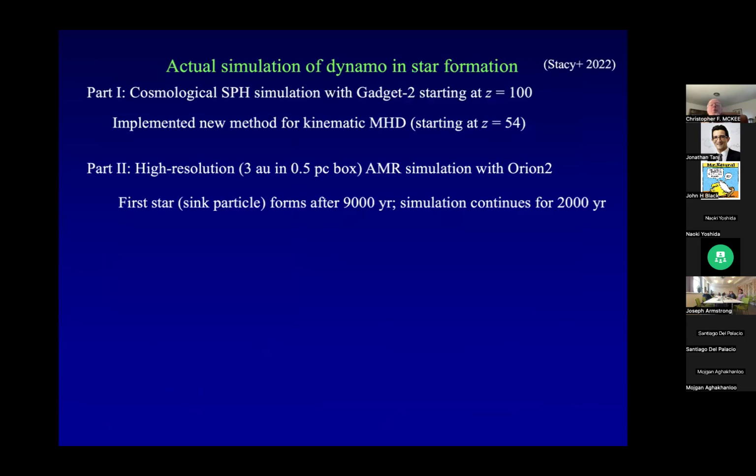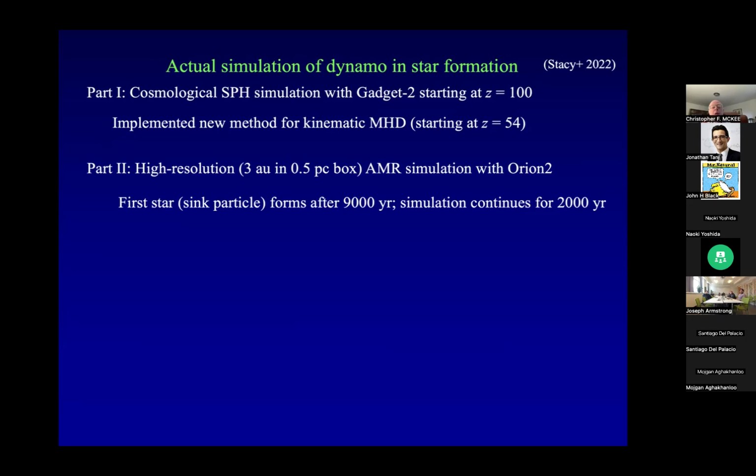So to do our simulation, we used Gadget 2, which was a hydrodynamic code that Athena Stacy had been using, to do a cosmological SPH simulation. We implemented a new method for kinematic MHD, starting at a redshift of a little over 50.